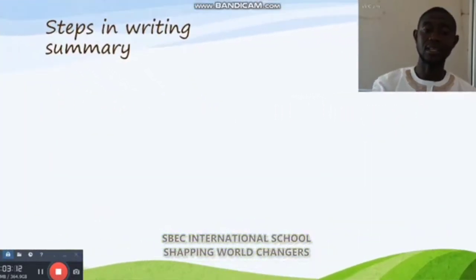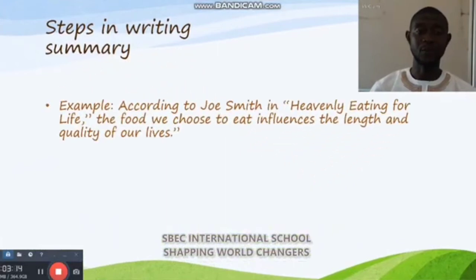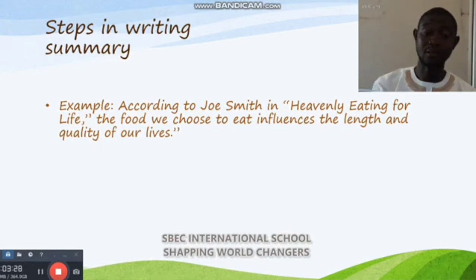Now, let's take an example. If, for instance, you are asked to summarize this brief sentence that says, according to Joe Smith in Heavenly Eating for Life, the food we choose to eat influences the length and quality of our lives. So if you're going to summarize such a passage or a very short thing, it should be like this.